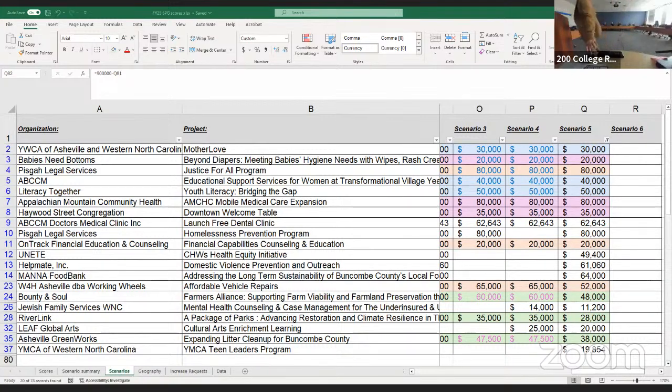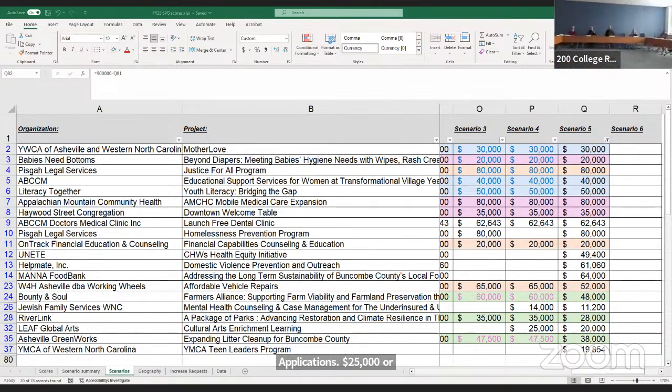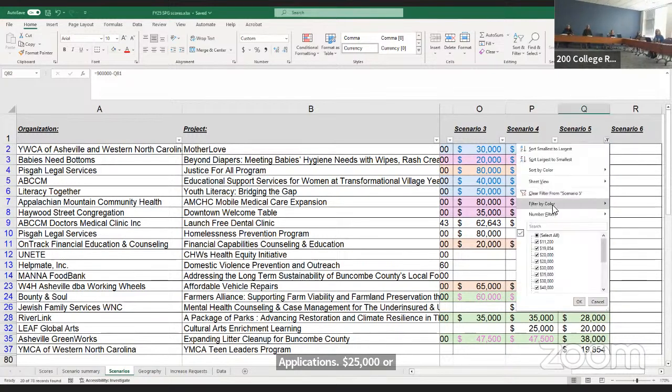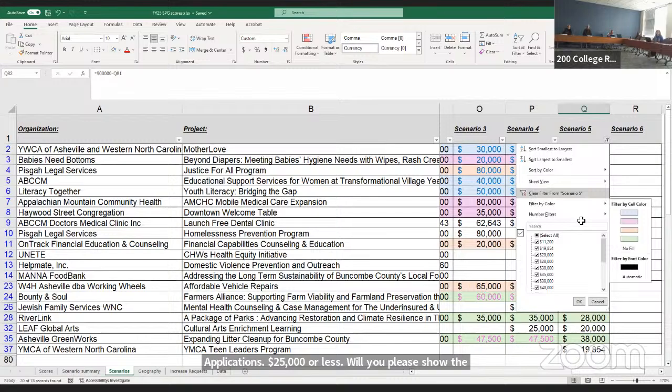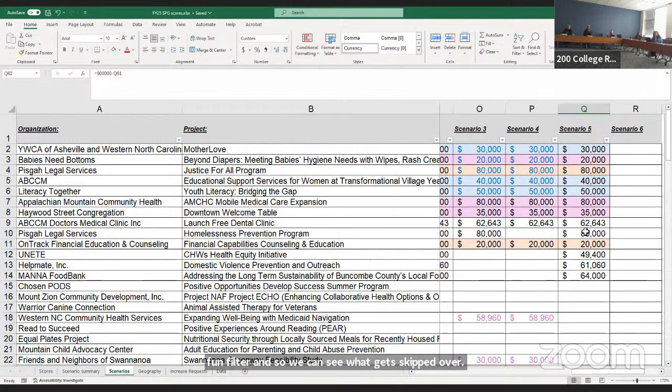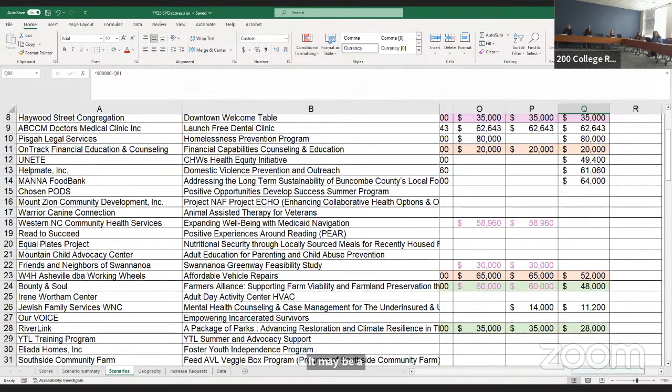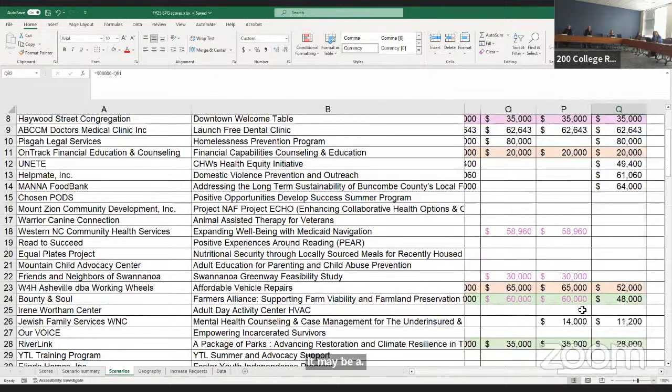Applications requesting $25,000 or less. Will you please show it unfiltered, Angela, so we can see what gets skipped over? And maybe enlarge it. Can we make the screen a little bigger, Angela? Possibly if we hide O and P for now.